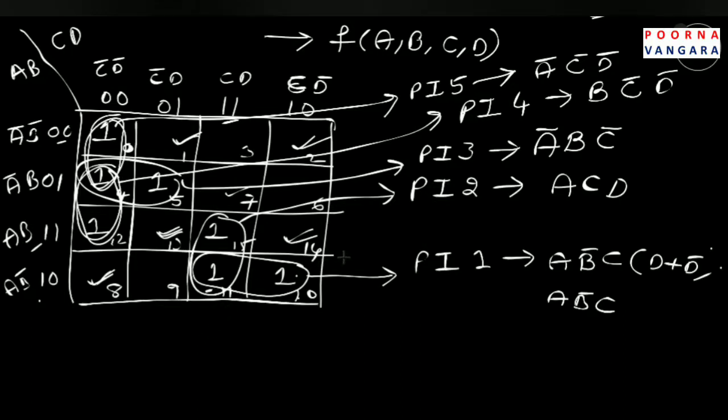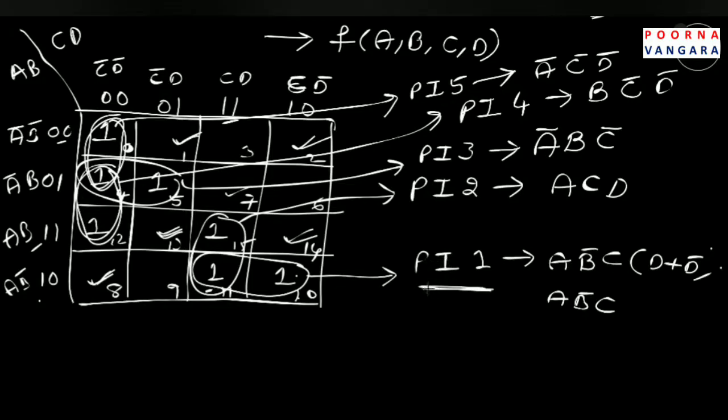The simple definition is, if any prime implicant covers any one min term which is not covered by any other prime implicant, then that prime implicant is an essential prime implicant.